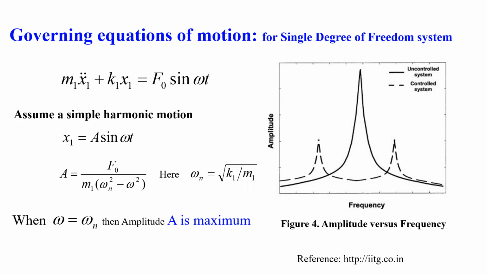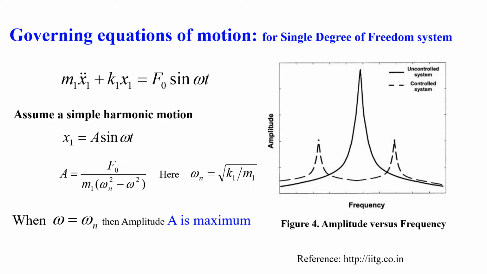If we assume the displacement of this primary system is simple harmonic motion, then x1 is equal to A sine omega t or A cos omega t. It's a function of sine or cos. Using the displacement, we can calculate the acceleration, and that is x1 double dot equal to minus omega square A sine omega t.